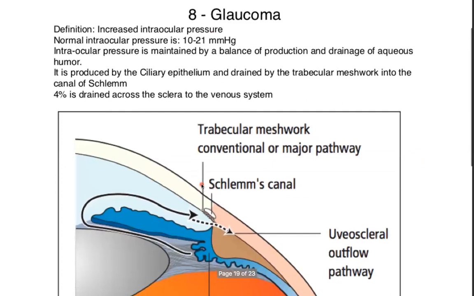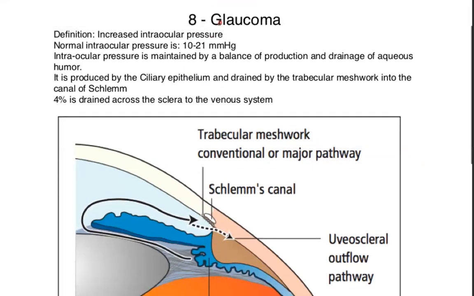طيب هنا next topic اللي هي glaucoma. الجلوكوما definition is increased intraocular pressure. You have to have the normal ocular pressure memorized اللي هم 10 to 21 millimeter mercury. تمام? If it goes anything above that, that's glaucoma. تمام?